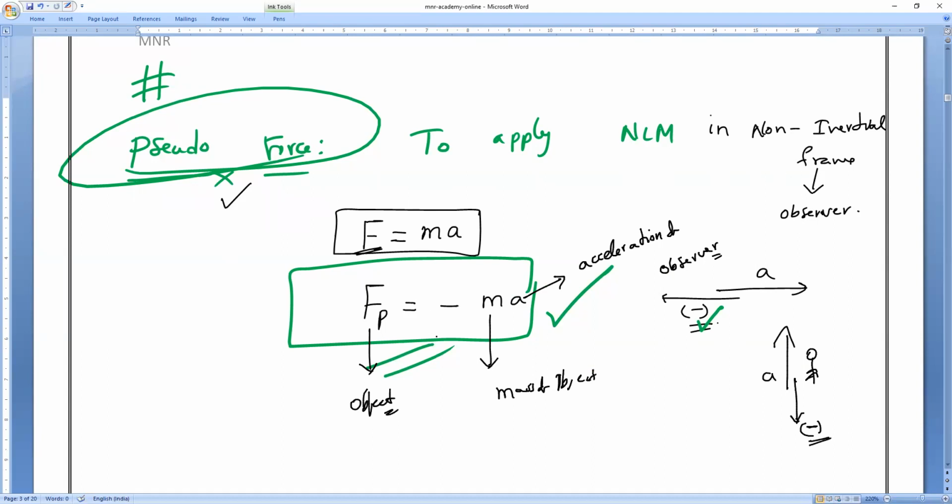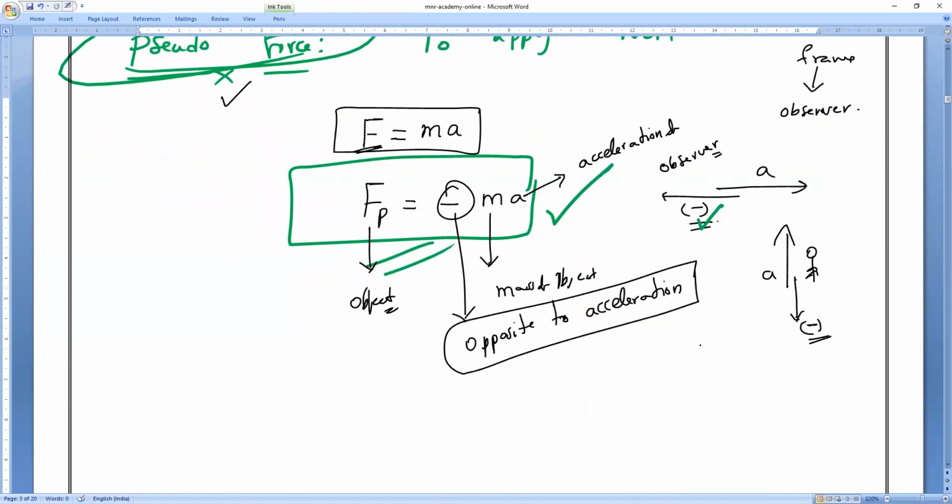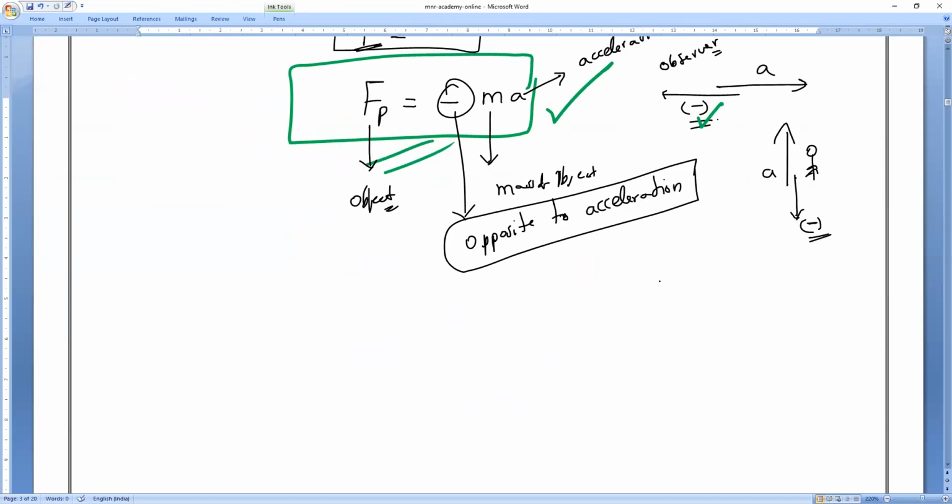So this minus always indicates opposite to the acceleration of the observer. That is what is called the pseudo force. Clear?